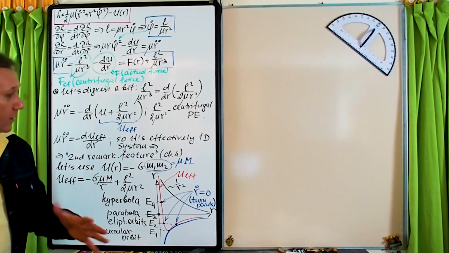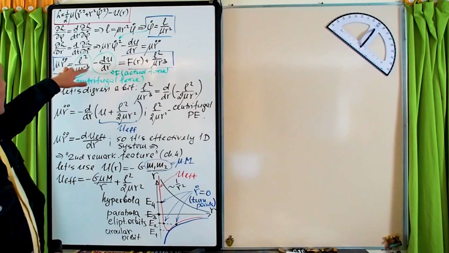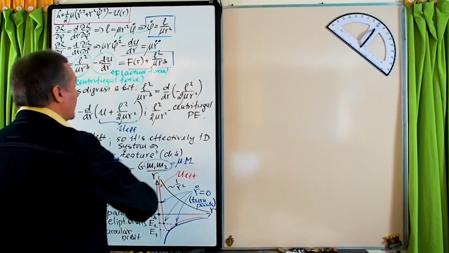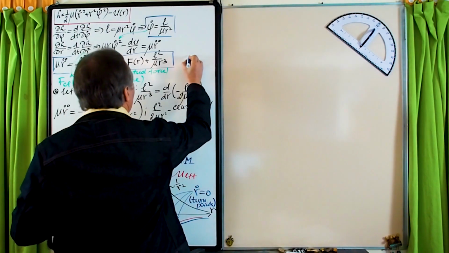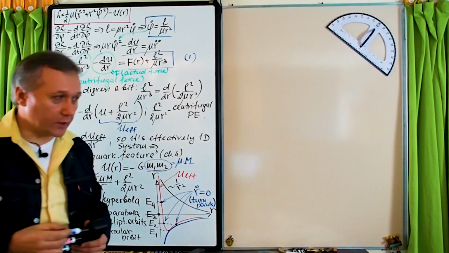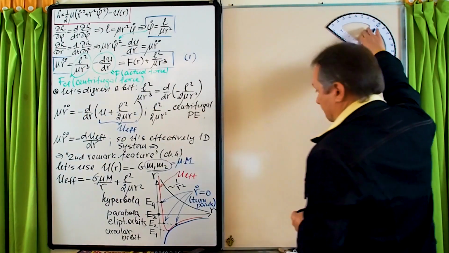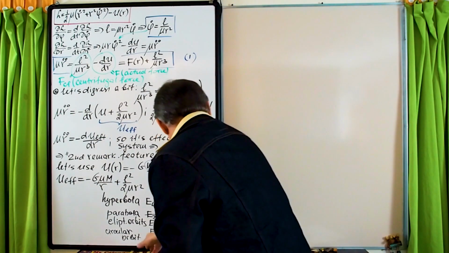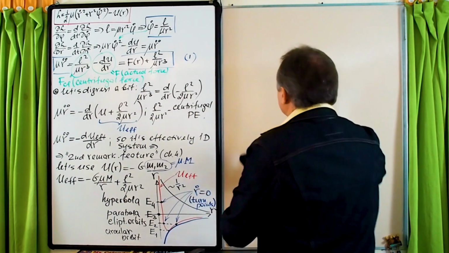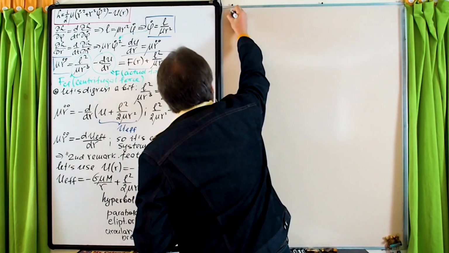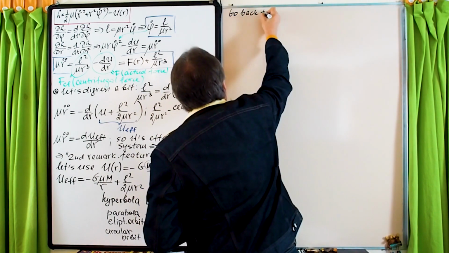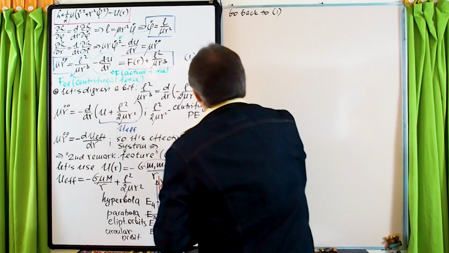So now, enough of digression, and we need to go back to our second order differential equation. Let me label it something like 1. So let's go back to equation number 1 and solve it.